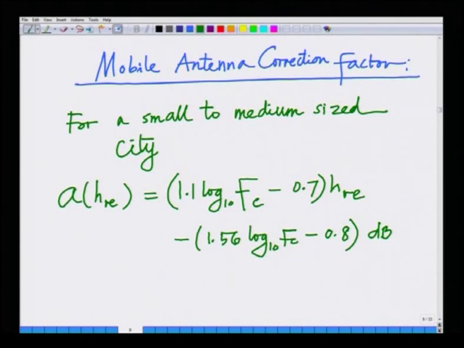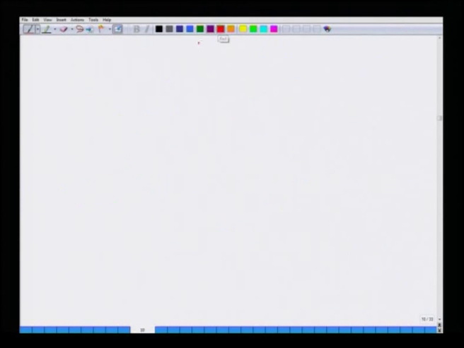For a small to medium sized city, AHRE is given as 1.1 log 10 Fc minus 0.7 whole into HRE minus 1.56 log 10 Fc minus 0.8 dB.